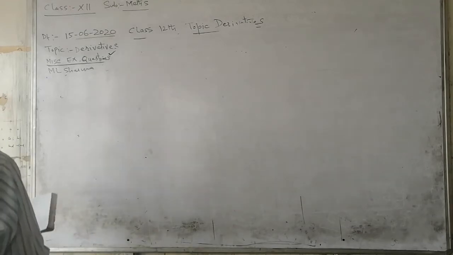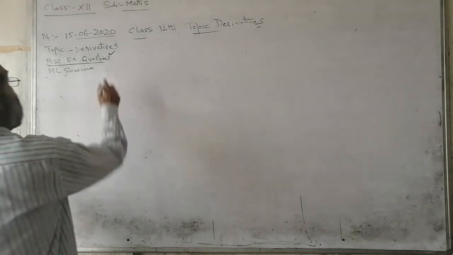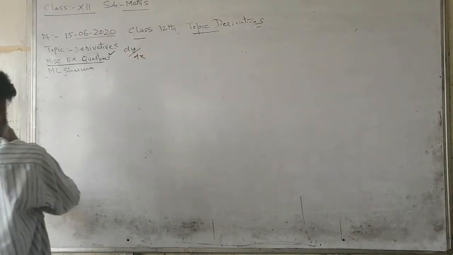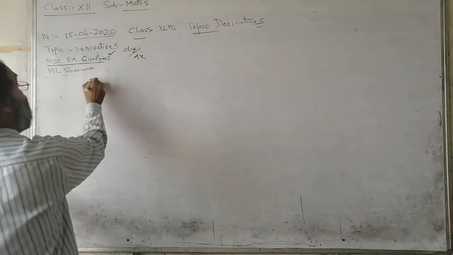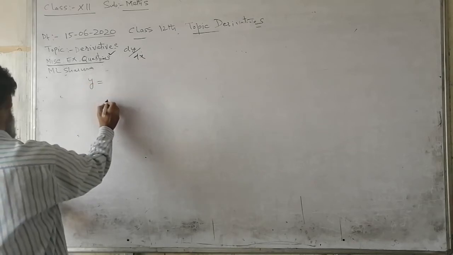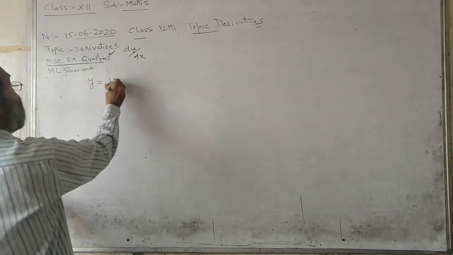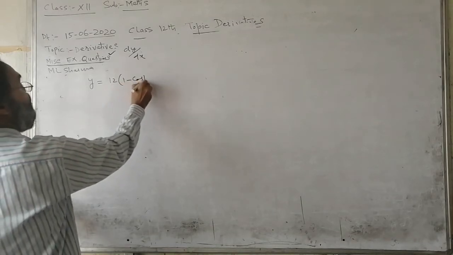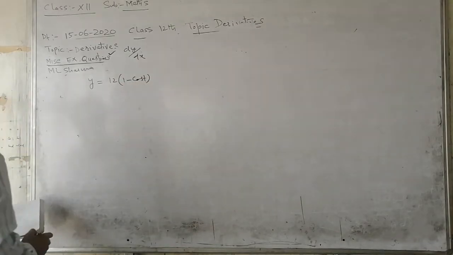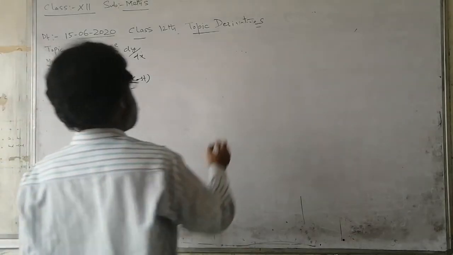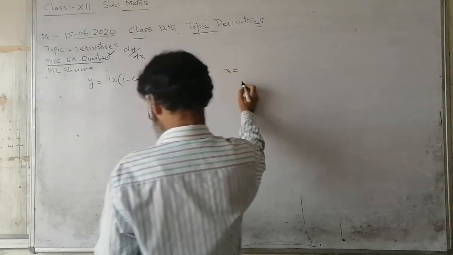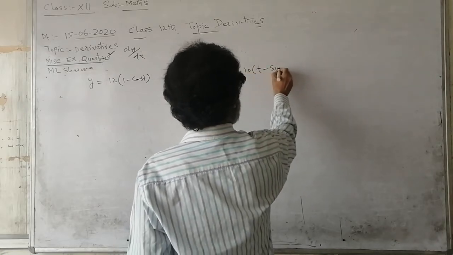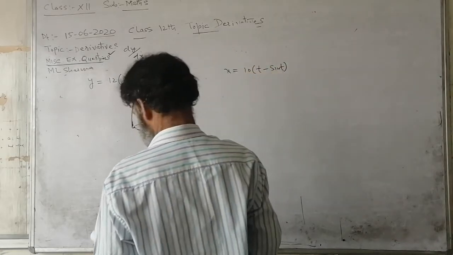So next is again dy upon dx. We have to find the value of y. It is given as 12 times 1 minus cos t, and the value of x is given as 10 times t minus sin t.